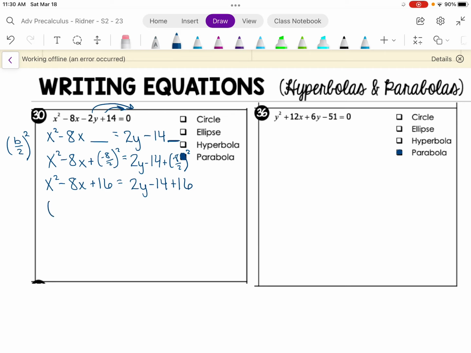This side will factor. So what multiplies to get 16 but adds to get negative 8? Well, that's negative 4 and negative 4. And I'm going to write that as x minus 4 squared. This side becomes 2y plus 2 because negative 14 plus 16 is 2.